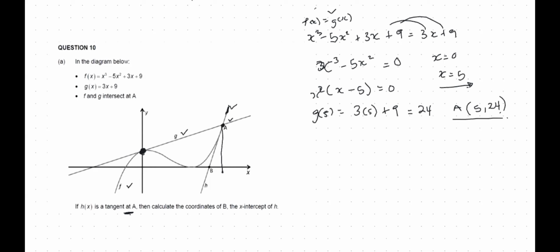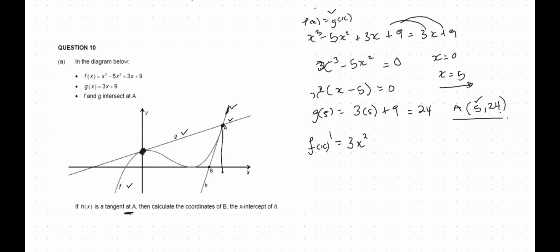Now, next thing we are going to look for is the gradient. Because h of x is a tangent to our f of x, we can find the derivative of f of x, which gives us the gradient, and substitute in our x value to know what the gradient is at that specific x value. So for our derivative, we take the 3 to the front, we minus 1, we get to the power of 2.